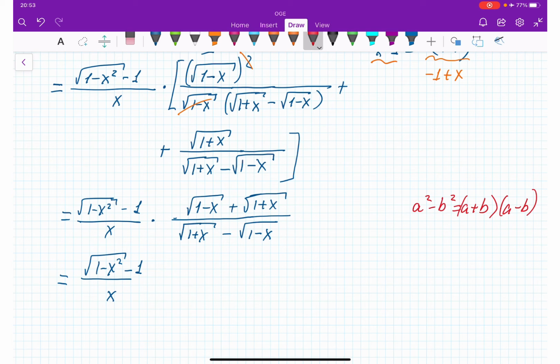That's the only way to get rid of it, because I have to square each term, square root of 1 plus x, and then square root of 1 minus x. And that will get rid of the square root.